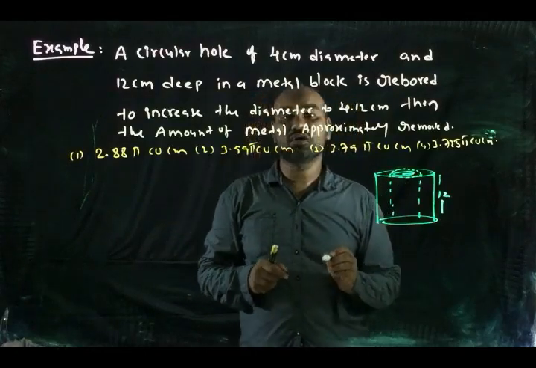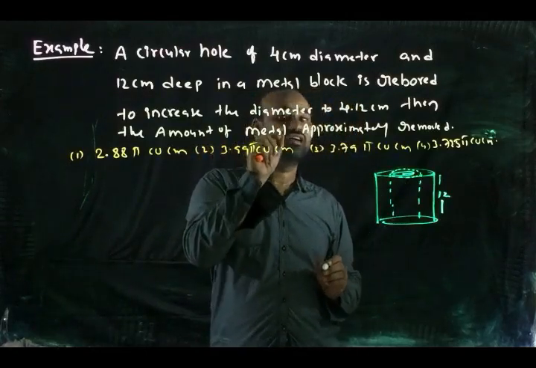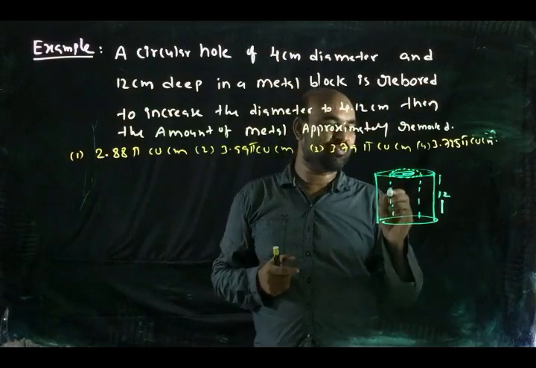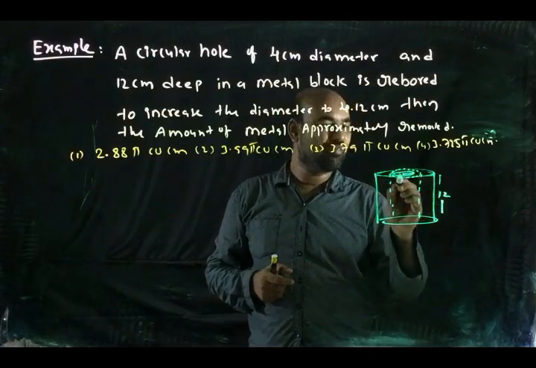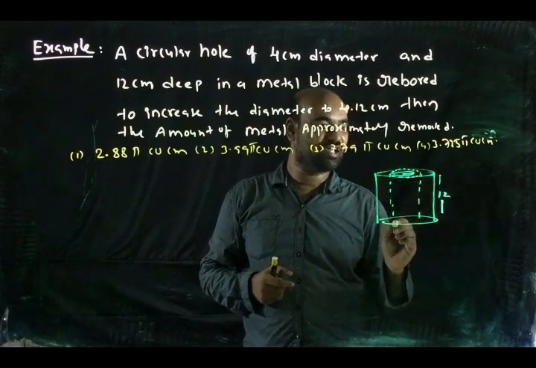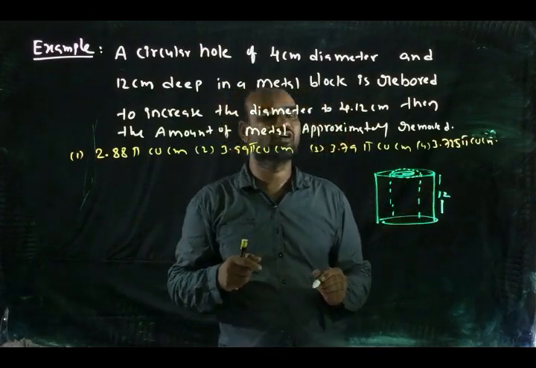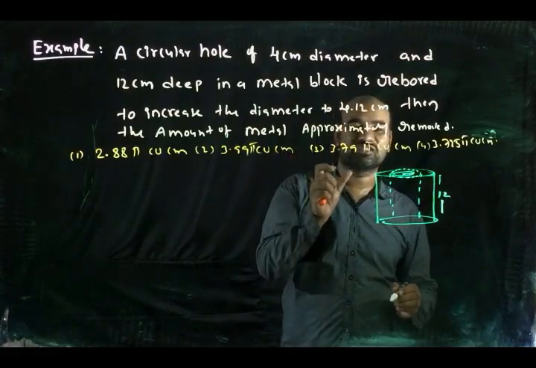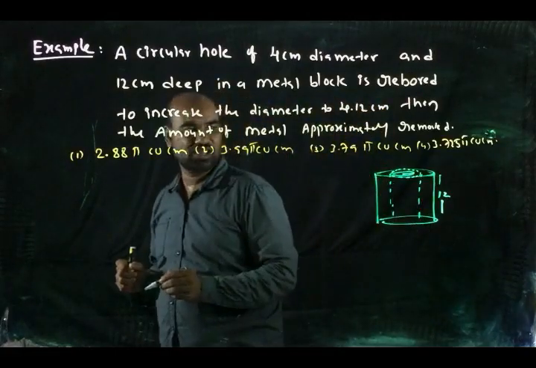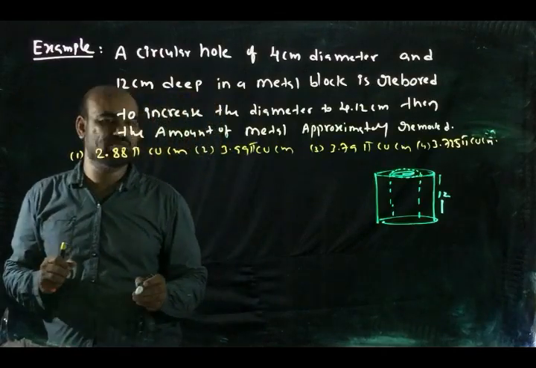We want to find how much metal is removed. Simple problem: we need to find the volume of the cylinder minus the volume of the cylinder, to find how much metal is removed. But by using the approximations concept, we need to find the solution for this problem.